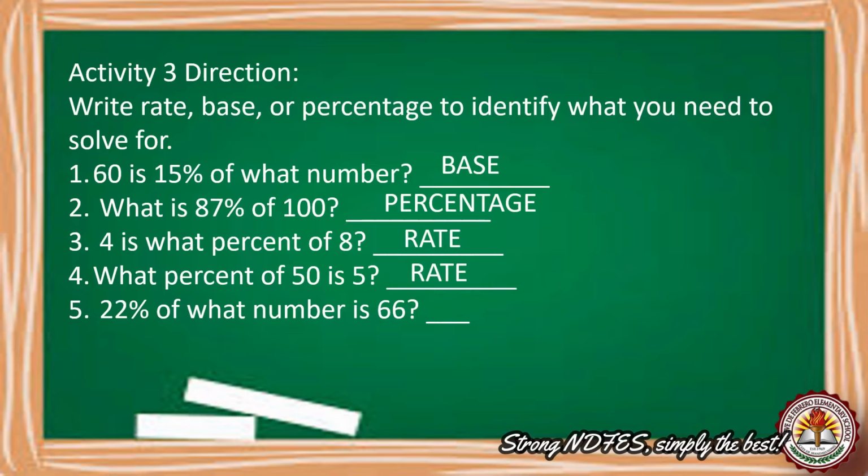Okay, last, number 5. 22% of what number is 66? 5 seconds. Time starts now. Go. Okay, time's up. Let us check. If your answer is base, that is correct.